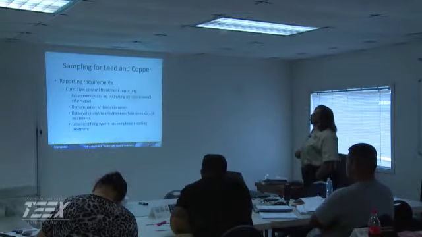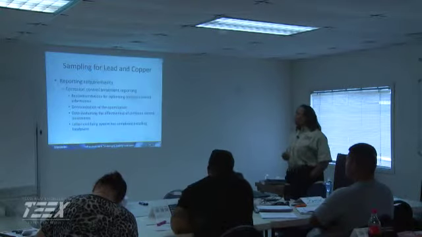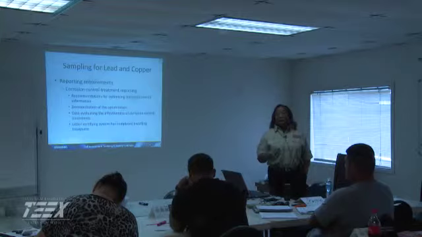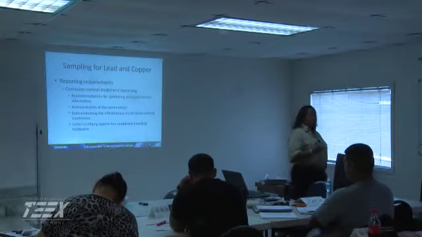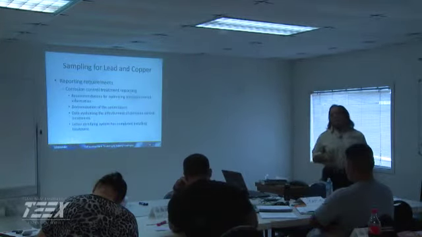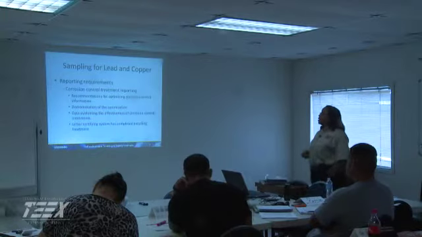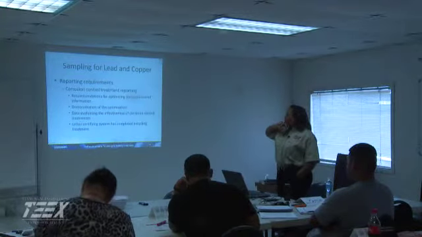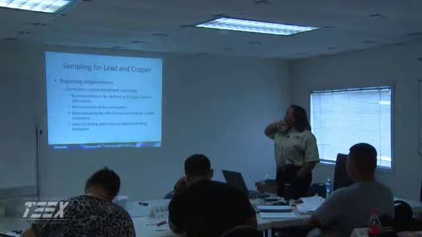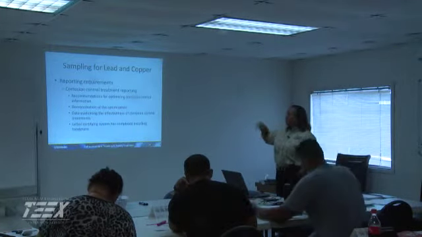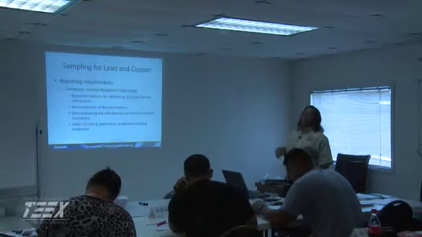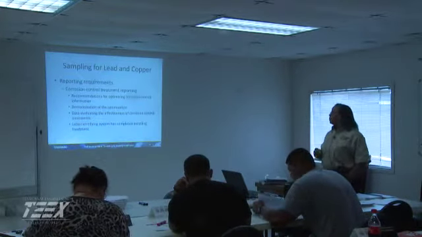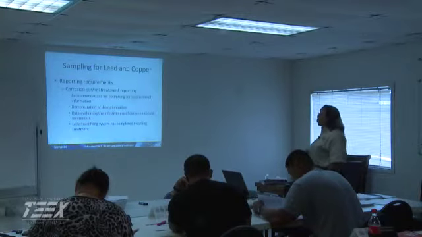All right, now for corrosion control treatment. Once we've identified we have a problem, the state says you will do something to reduce the lead and copper. So, for their recommendation for optimizing corrosion control, we have to make sure that we're able to demonstrate the optimization and that we can evaluate the results we get and the effectiveness of the corrosion control.